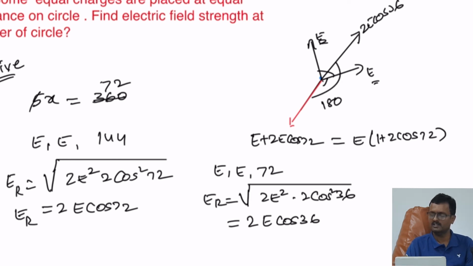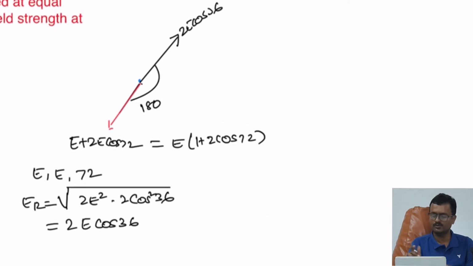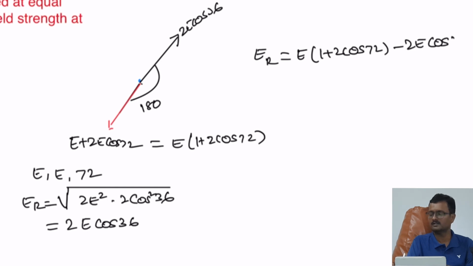See here, the resultant of these two vectors is 2E cos 36, so both are in opposite directions. So the resultant of these two vectors is the subtraction of these two vectors, that is E into 1 plus 2 cos 72 minus 2E cos 36.